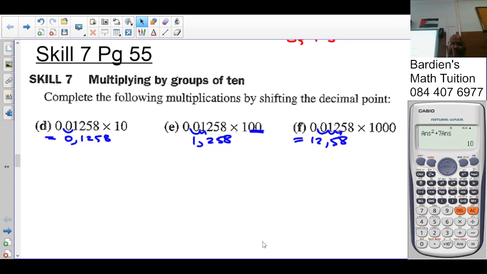Right, Madison, here we go. It is skills 6 and 7. You do odd numbers for me. Skills 6 and 7, odd numbers, is on page 67. Then you do skills 8 and 9 for me. Skills 8, 9 and 10 are on page 55. That is your diagnostic test.